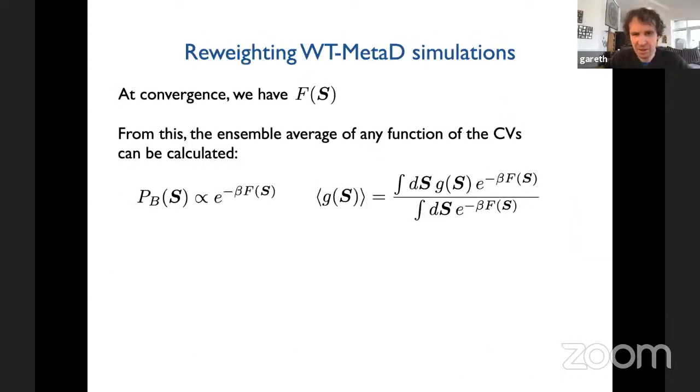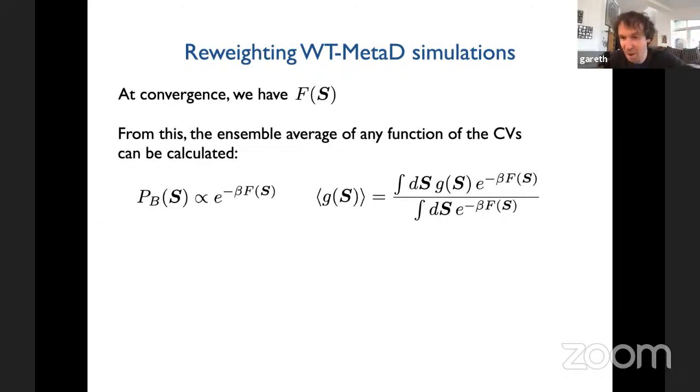Okay. So we've talked about how in metadynamics, you have at convergence, the free energy as a function of the CVs that you biased. But the nice thing is you can calculate from your metadynamics simulation the free energy as a function of any other state that you're interested in.